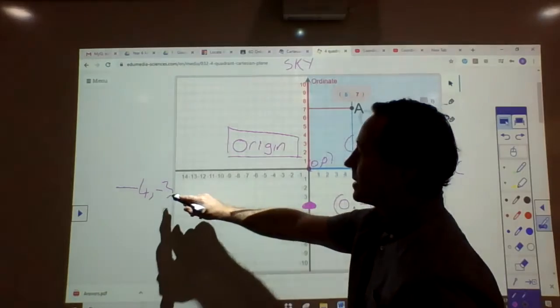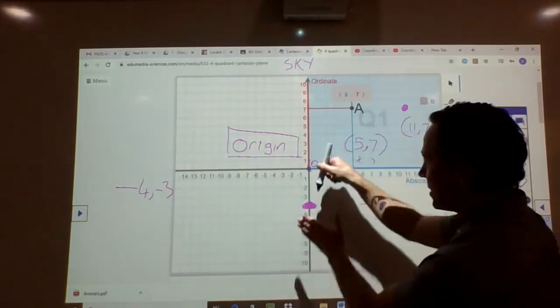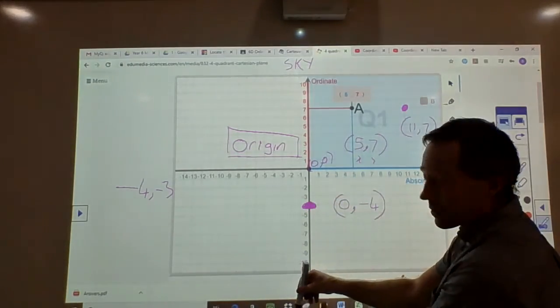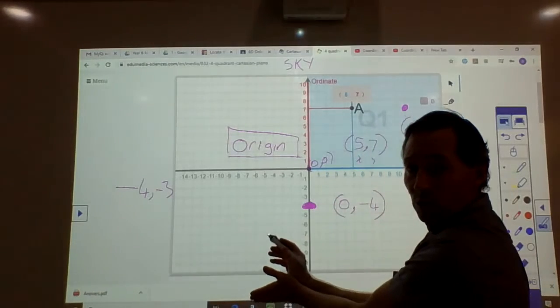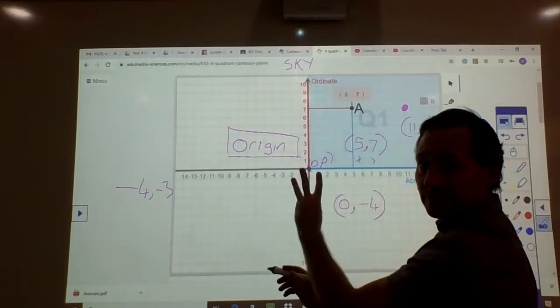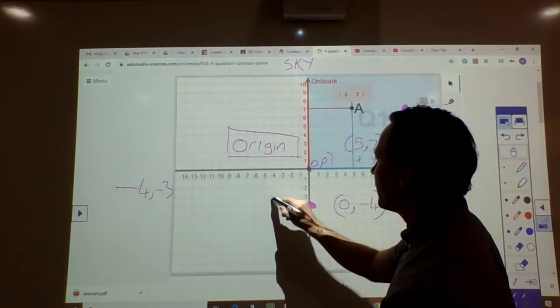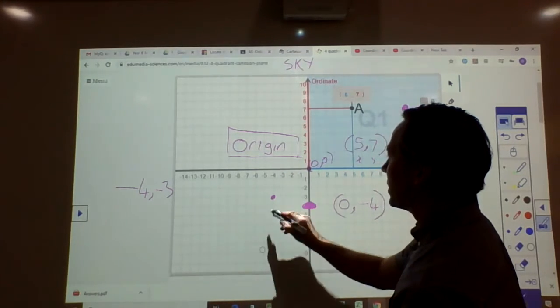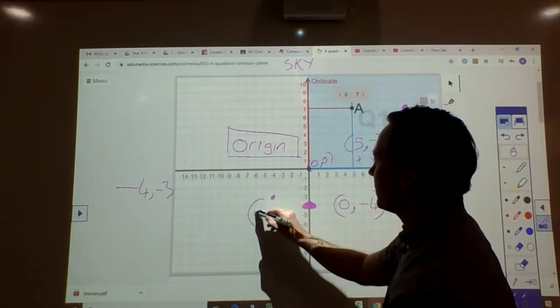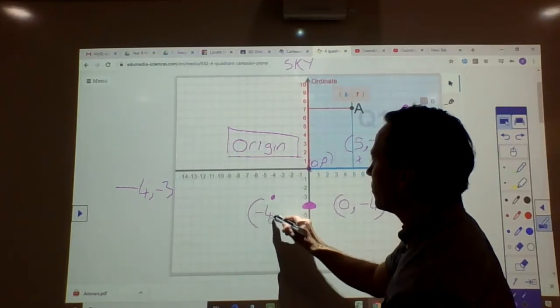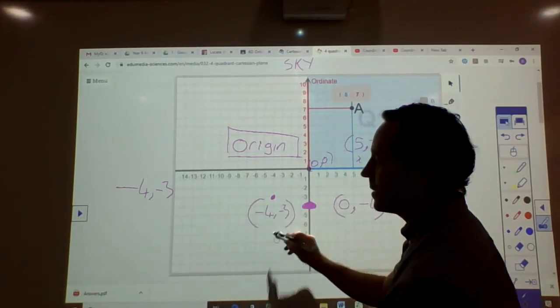Then it's saying -3, so -3 goes down here. So I'm going to definitely end up in quadrant, which quadrant? 3. So if I plot that, that would give me this one here. So that point is -4, -3.